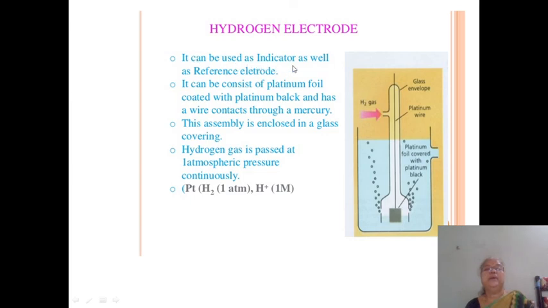It is used as an indicator as well as a reference electrode. It consists of platinum foil coated with platinum black and a wire contact through mercury. This assembly is enclosed in a glass covering. Hydrogen gas is passed at 1 atmospheric pressure continuously.